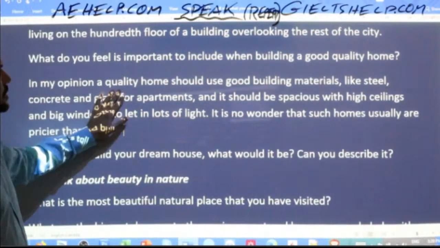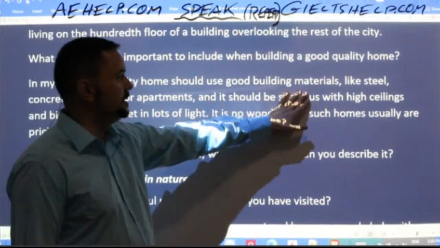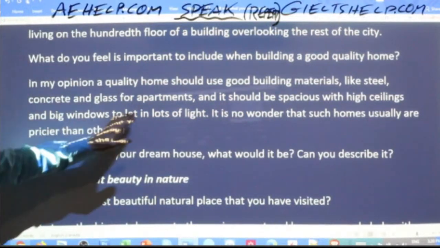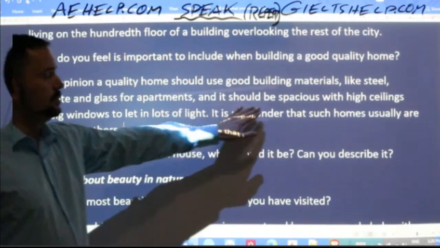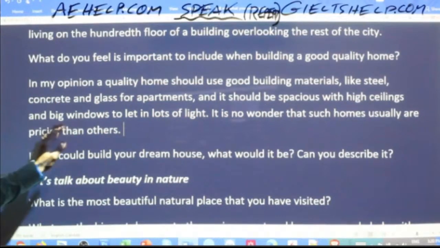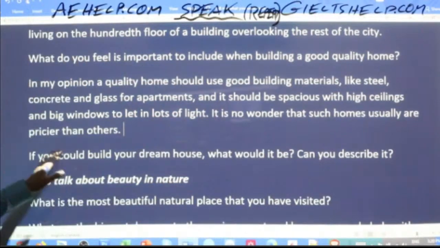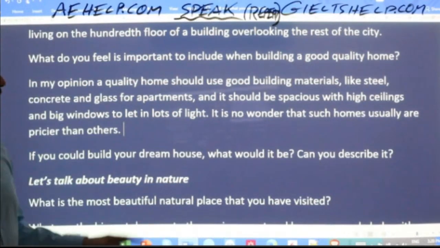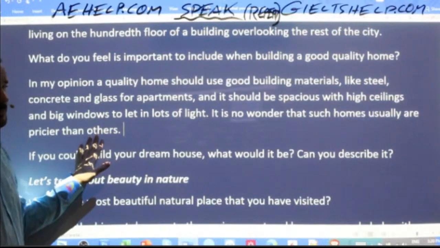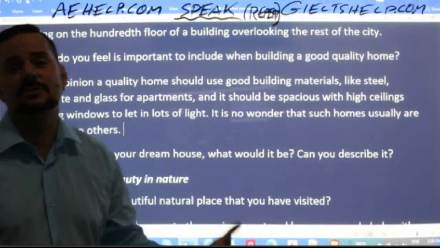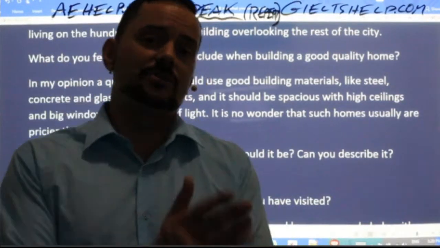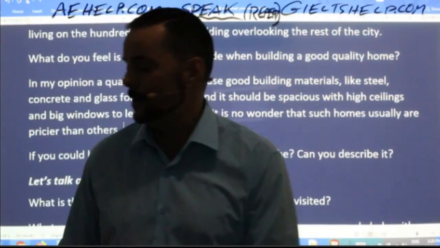In my opinion, a quality home should use good building materials like steel, concrete, and glass for apartments. And it should be spacious with high ceilings and big windows to let in lots of light. It is no wonder that such homes are usually pricier than others. And I stop there because if I keep talking about price, then I'm going off topic. And the examiner is going to interrupt me and say, okay, let's just keep going now.